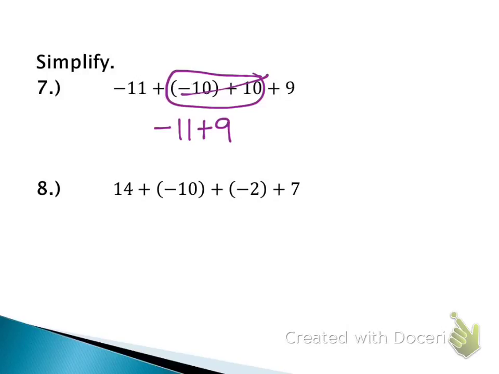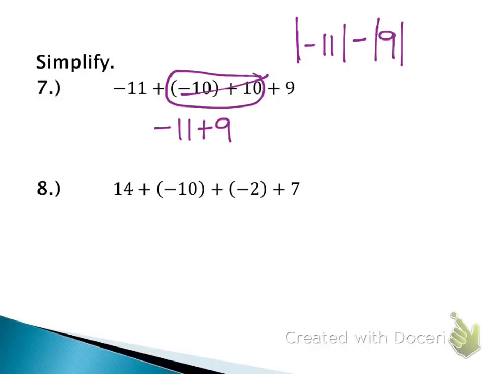Okay. If you did not pull that out, if you didn't recognize it, it's not a big deal. It's just a time saver. When I take -11 plus 9, they have different signs, so I take the absolute values and subtract them. You should still get the same answer even if you just worked left to right.